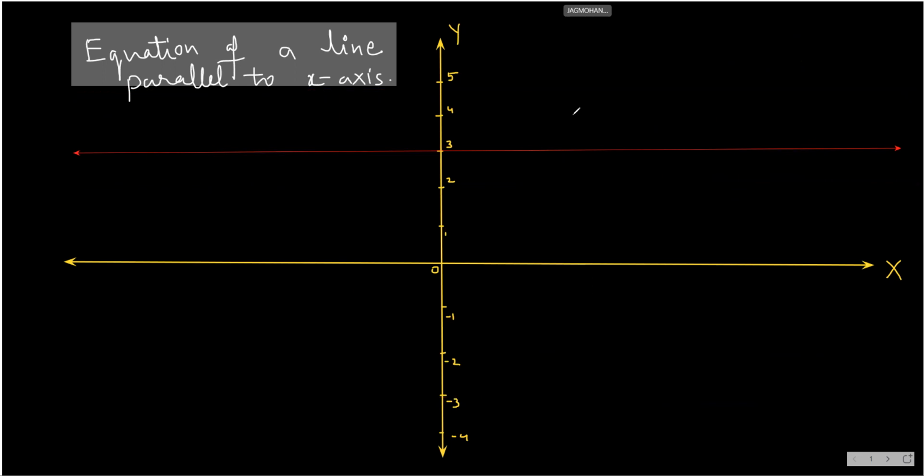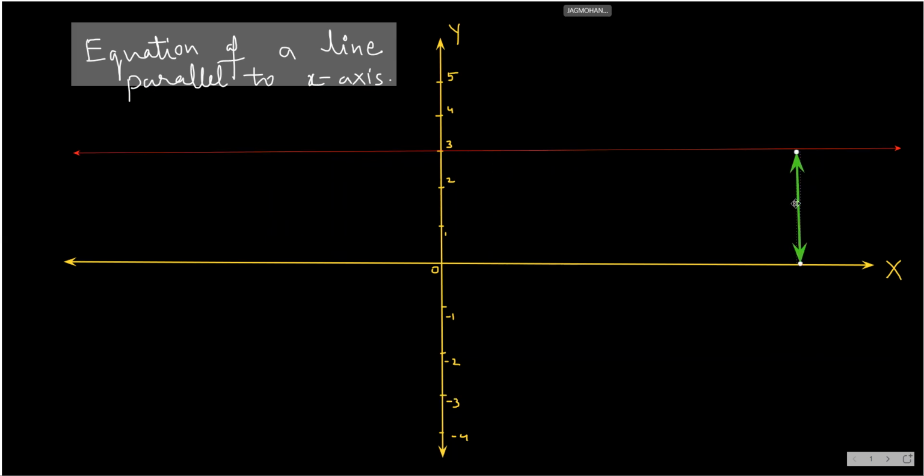See students, I understand that the distance of this line from x-axis is 3, and it is 3 units above. And since it is parallel, all the points on this line will have the same distance, 3, above x-axis.